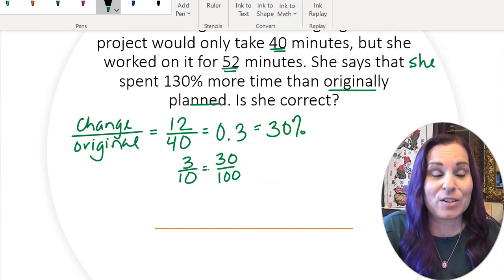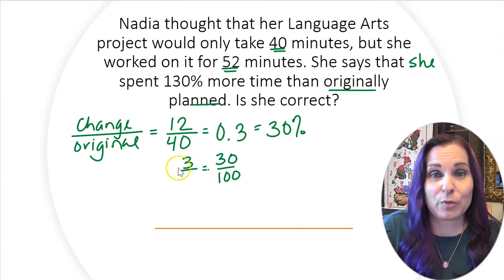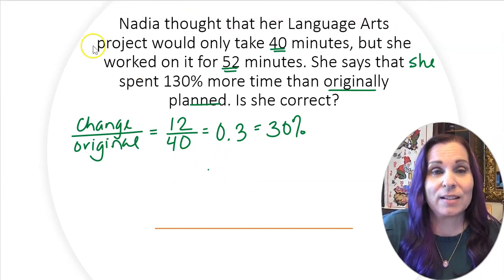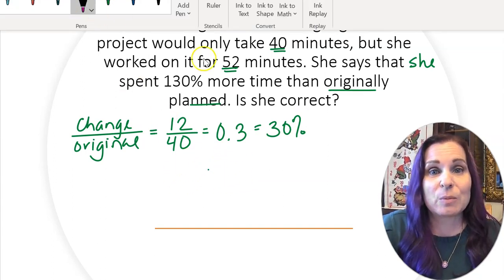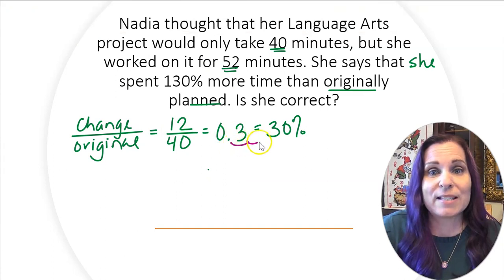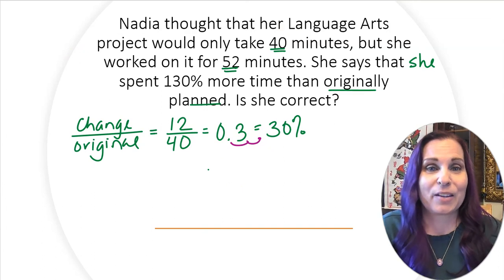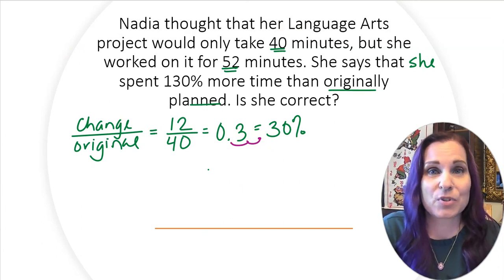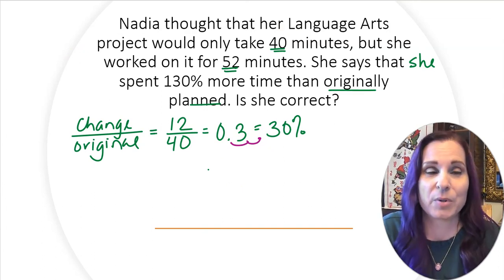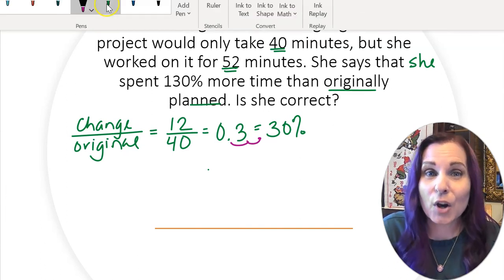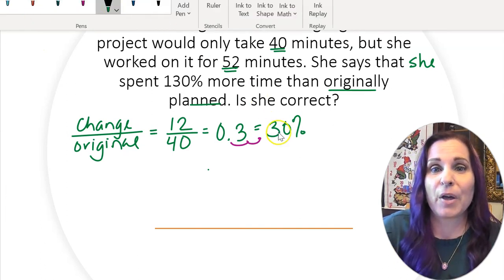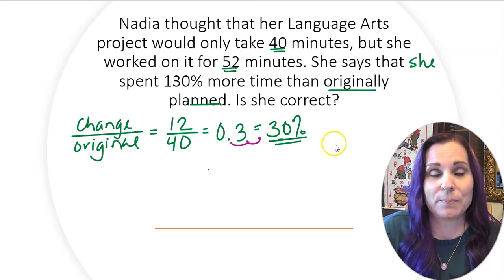Another way to convert from the decimal to the percent is to move the decimal point 2 places to the right, right? Okay, so we have 30% more time that was spent. Not 130, but 30% more.